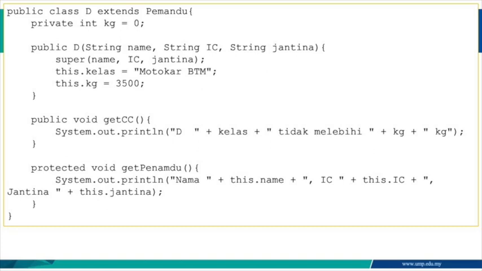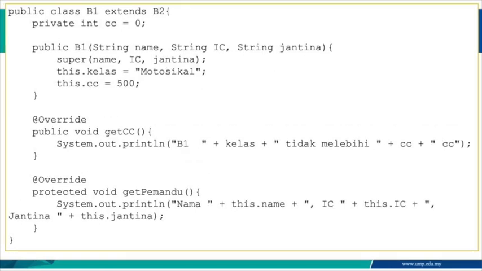Okay, so now this one is class B1. You can see here class B1 extends B2. All right, so that means class B2 is the parent of B1. So if you remember earlier, B2 extends Pemandu, in the previous two slides.